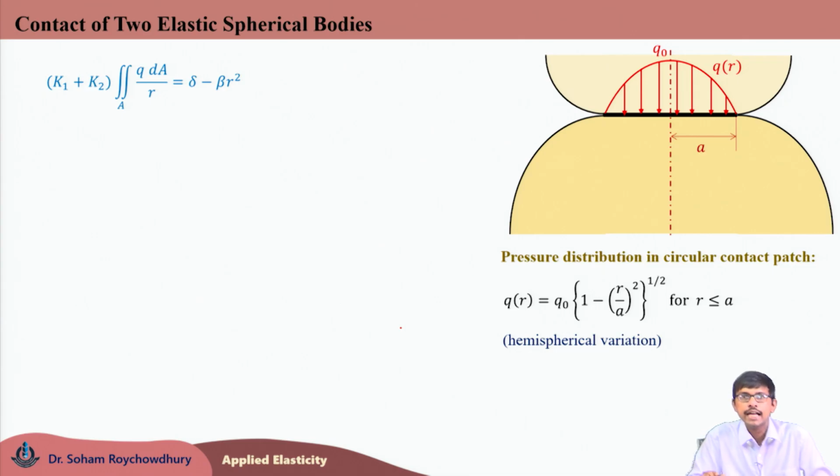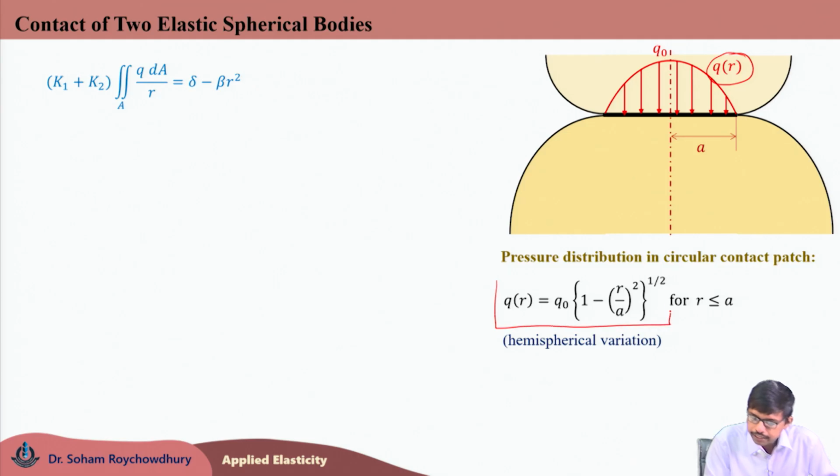So, we can write the expression of the pressure distribution Q as a function of radial coordinate r, where Q of r equals Q naught times square root of 1 minus r square by a square. This is valid within the contact patch, that is for r varying between 0 to contact patch radius a.